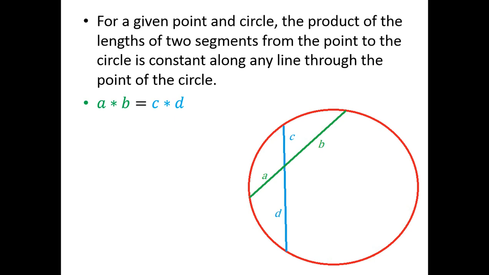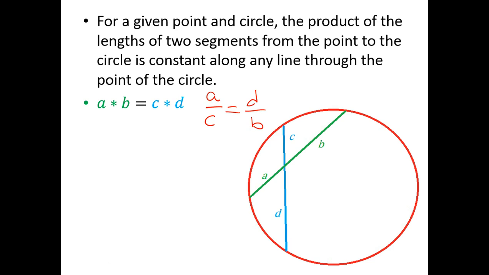So you could rewrite this also as A over C is equal to D over B. That would be one way of doing it. There's a few other ways that you could do it as well.